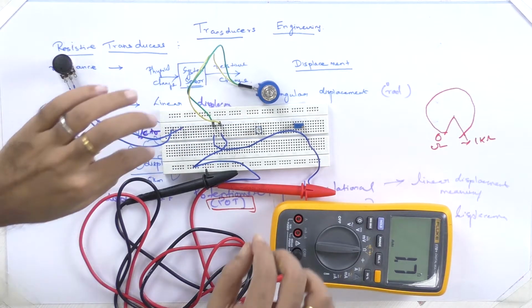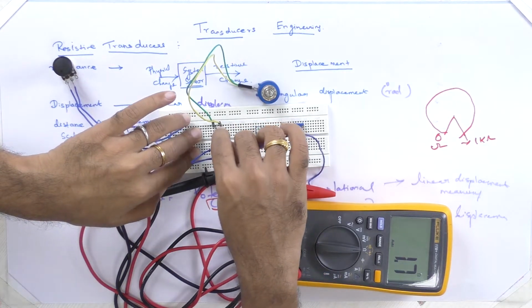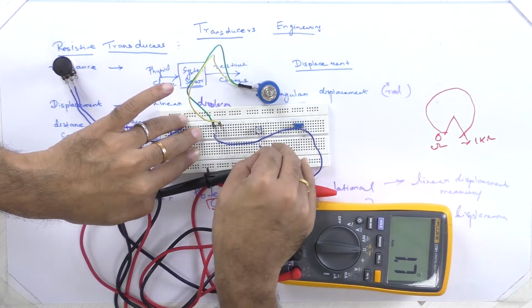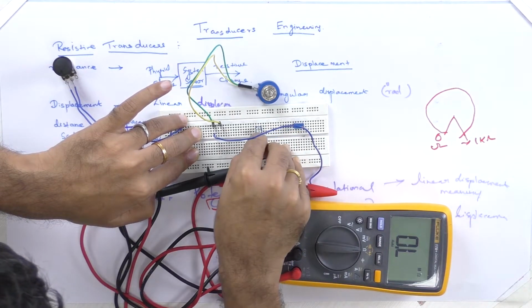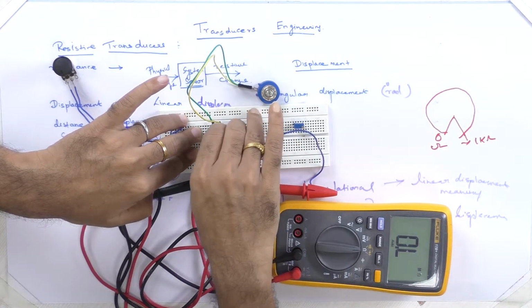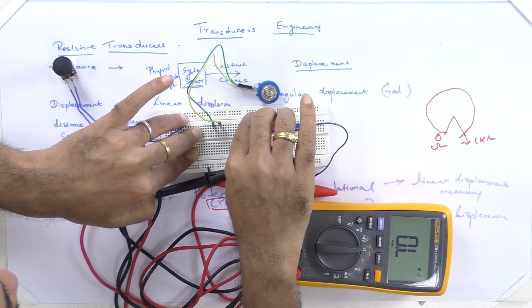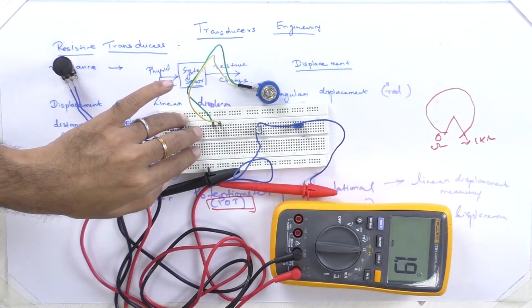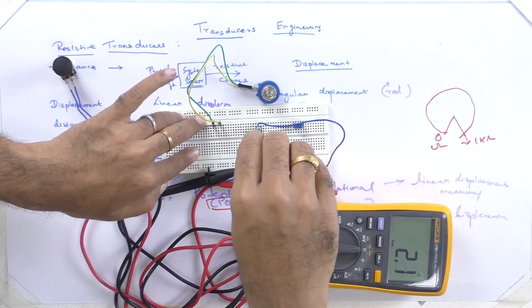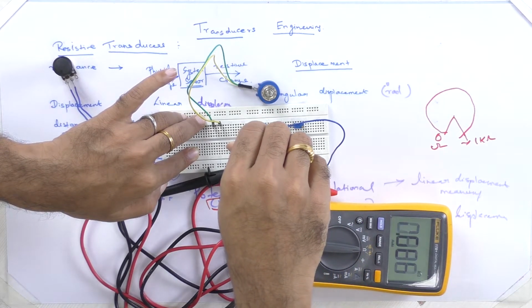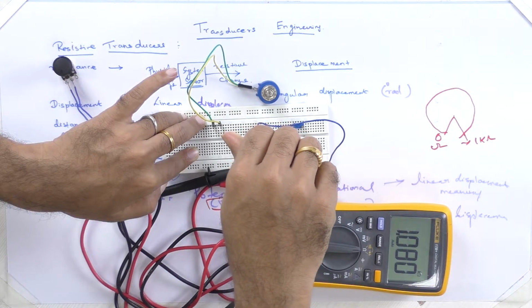These other parts are for PCB applications. These are simple small parts. See here, you can change this. Again, this is also a 1K part.